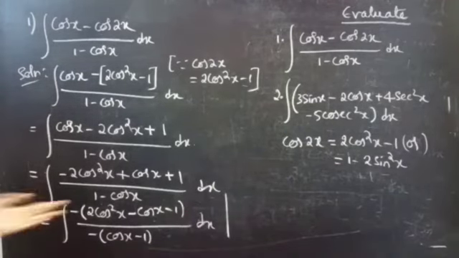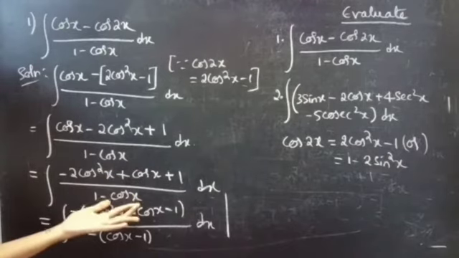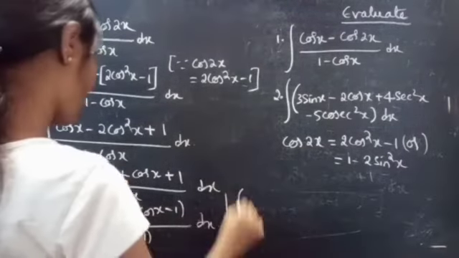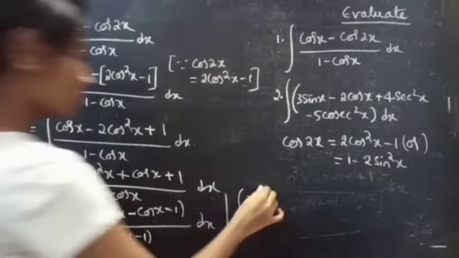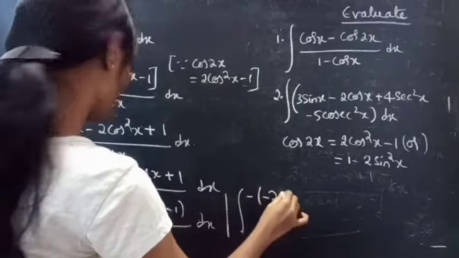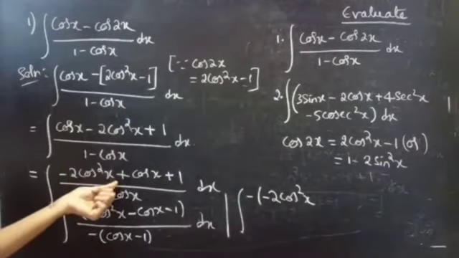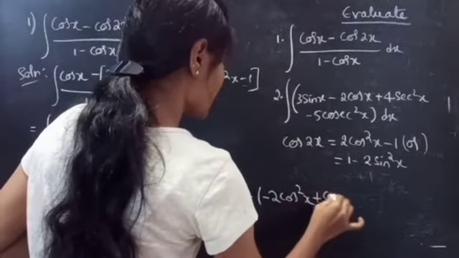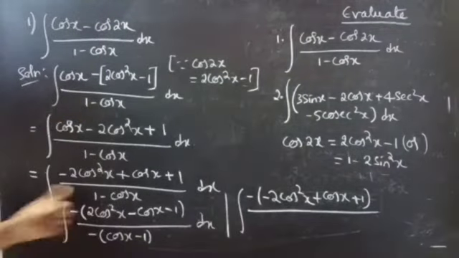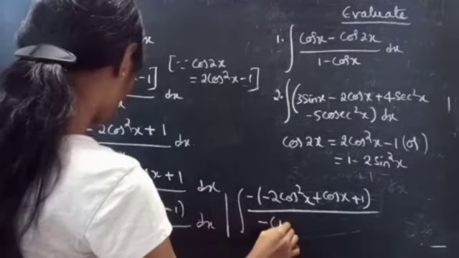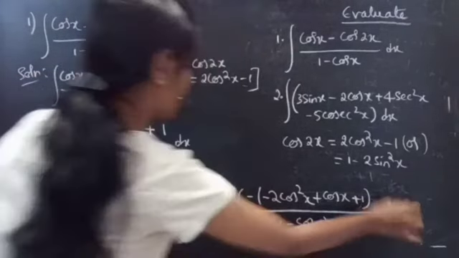Or now we are going to multiply with minus in the numerator and in the denominator, minus into (minus 2 cos square x plus cos x plus 1) by minus into (1 minus cos x) into dx.